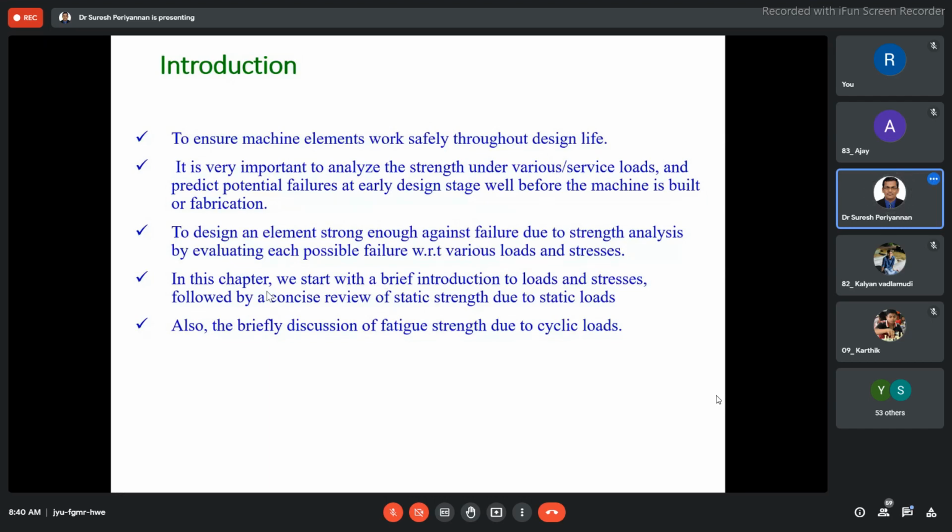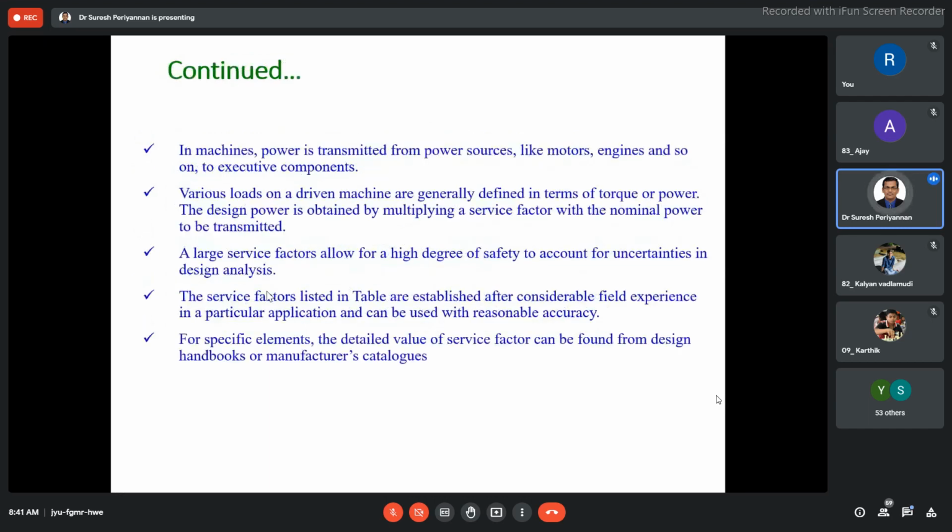Now, in any machine, power is transmitted from a power source, like motors or IC engines, or a two-wheeler or four-wheeler. First the power is transmitted from the main source. The main source may be IC engines or motors.